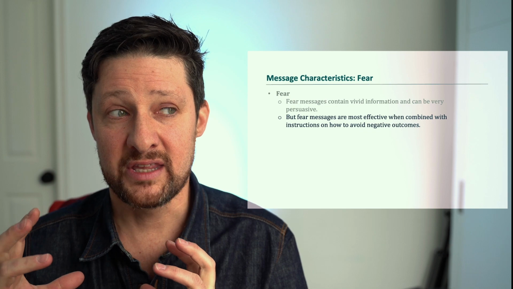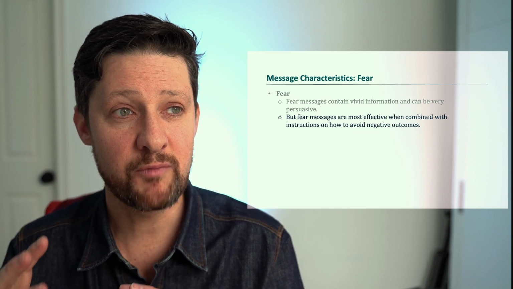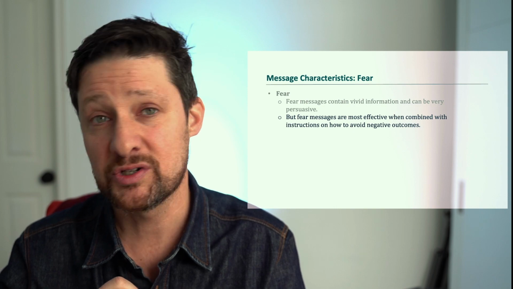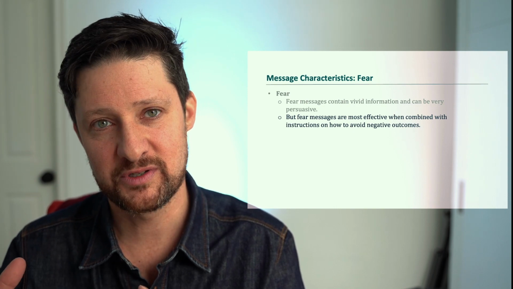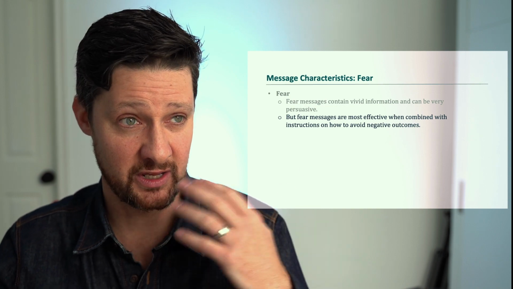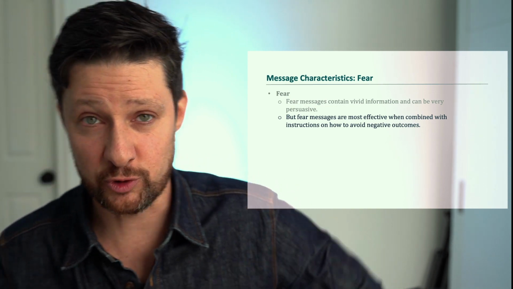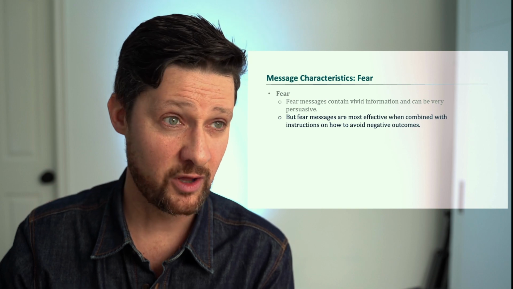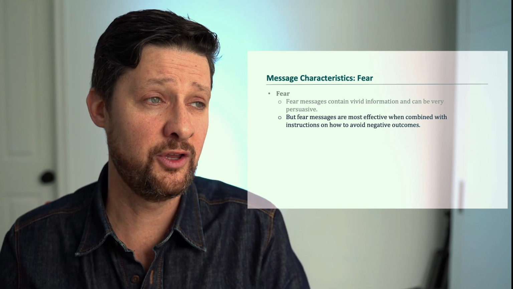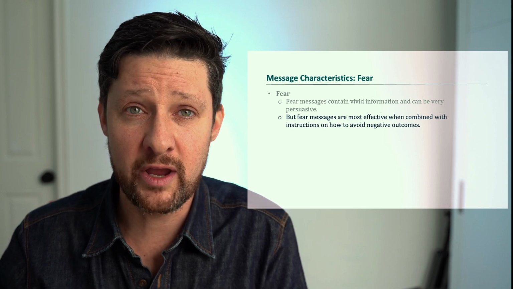And these fear messages are generally most effective when they're combined with instruction on how to avoid negative outcomes. So, for example, back in the day during the Iraq War, George Bush was the president, and said, well, there are weapons of mass destruction. Iraq is going to wage war against us.